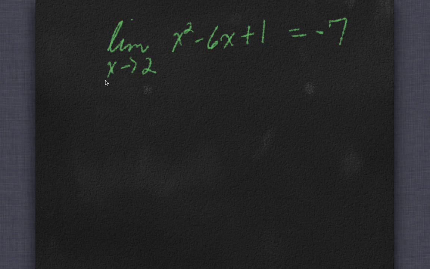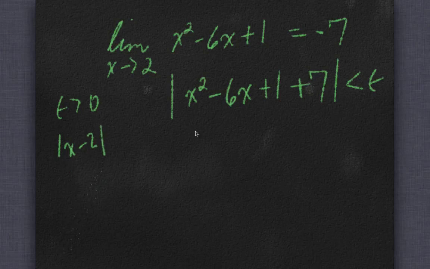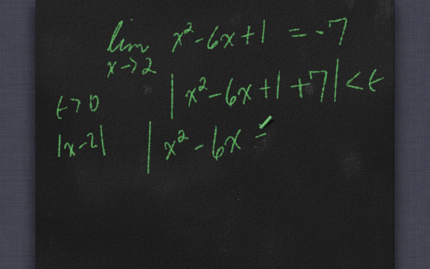So then we say, okay, epsilon's bigger than 0. We want x squared minus 6x plus 1 minus negative 7 to be less than epsilon. And we're looking in the end for something that looks like this. So inside here we do x squared minus 6x plus 8.